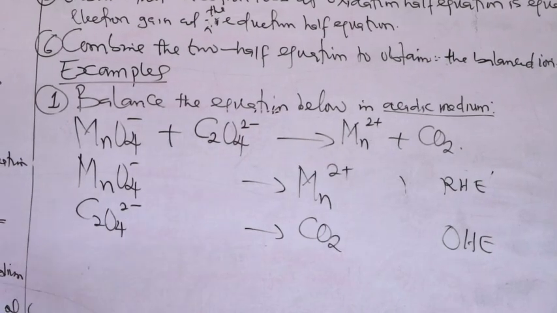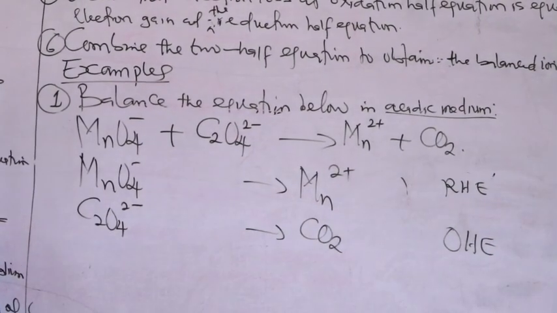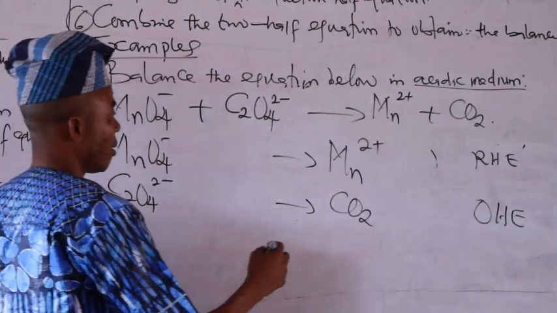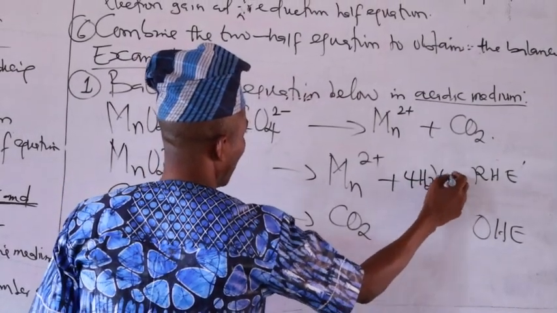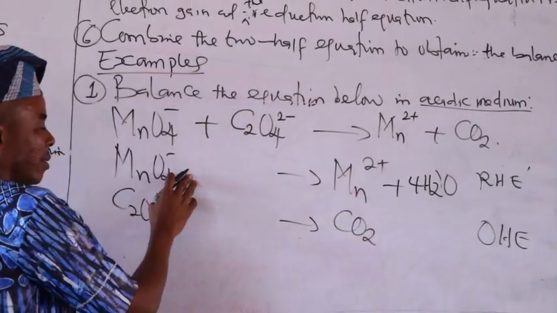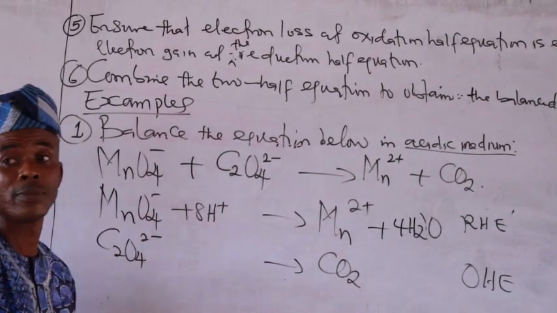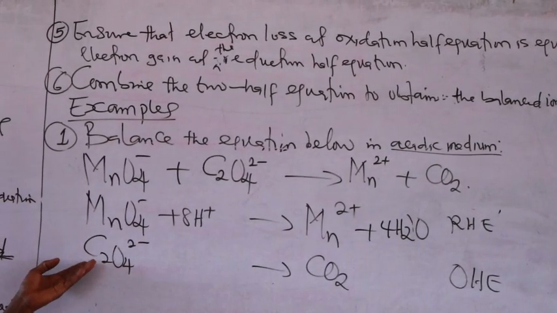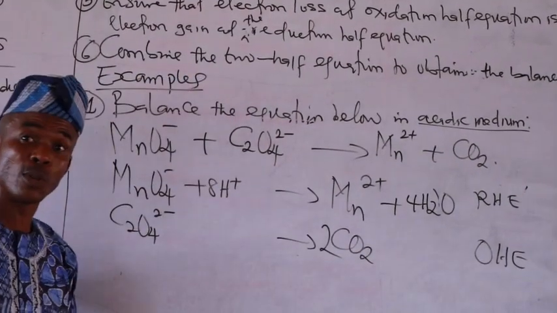Now balance the atom. How many water molecules are we having at the right hand side? 4 water molecules here. Then how many hydrogen are we having here? 8. That is 8 hydrogen ions. Carbon is 2 here. You put 2 here so that the carbon atom will be 2.